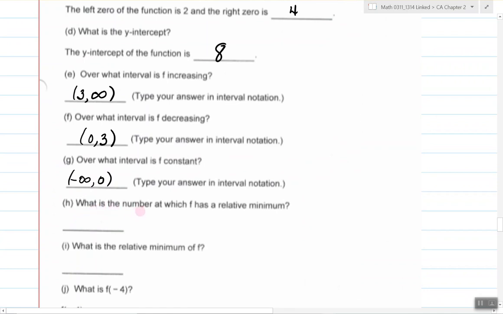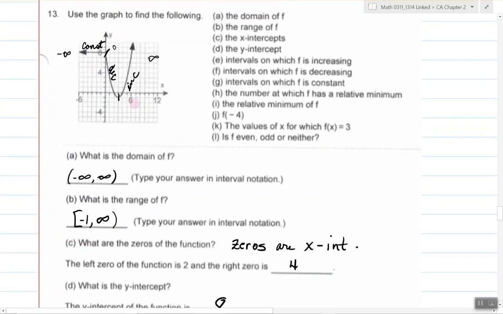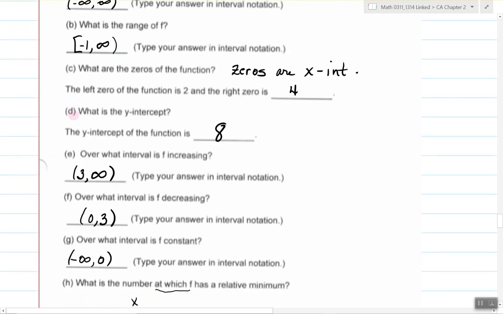What is the number at which f has a relative minimum? So it wants the x. Then what is the relative minimum? It wants the y. So let's go look at the minimum. All right. The minimum occurs here, and that is the point 3 comma negative 1.